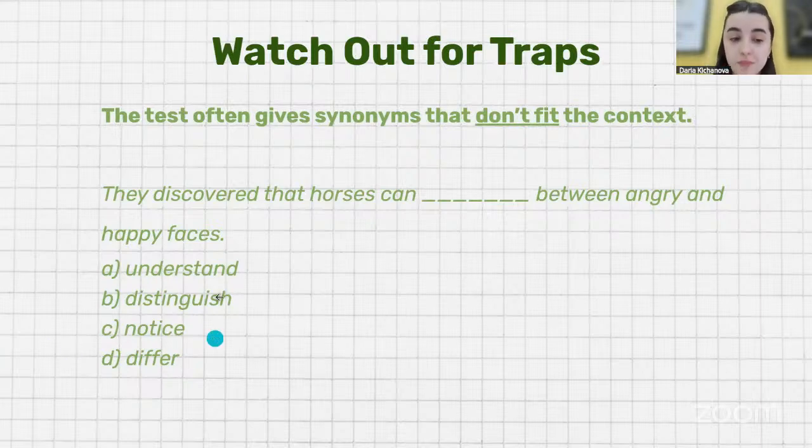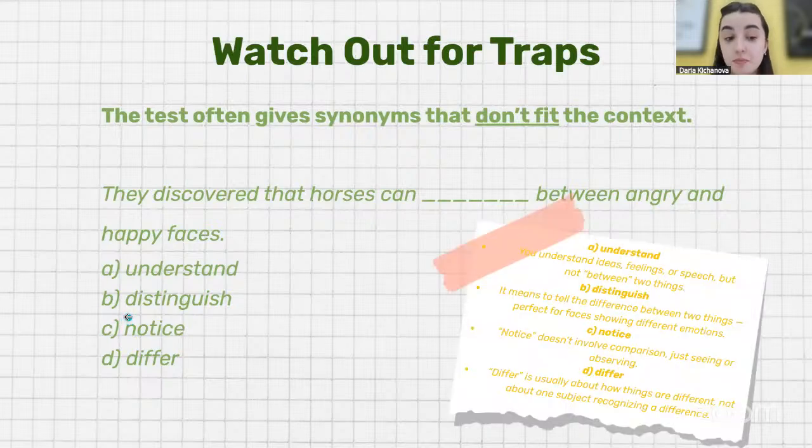So here you said that it is B, and that is correct. Why? Because when we are talking about the word understand, you can understand words, you can understand feelings, ideas, speech, but you can't understand between two things. That's why this option is not correct.